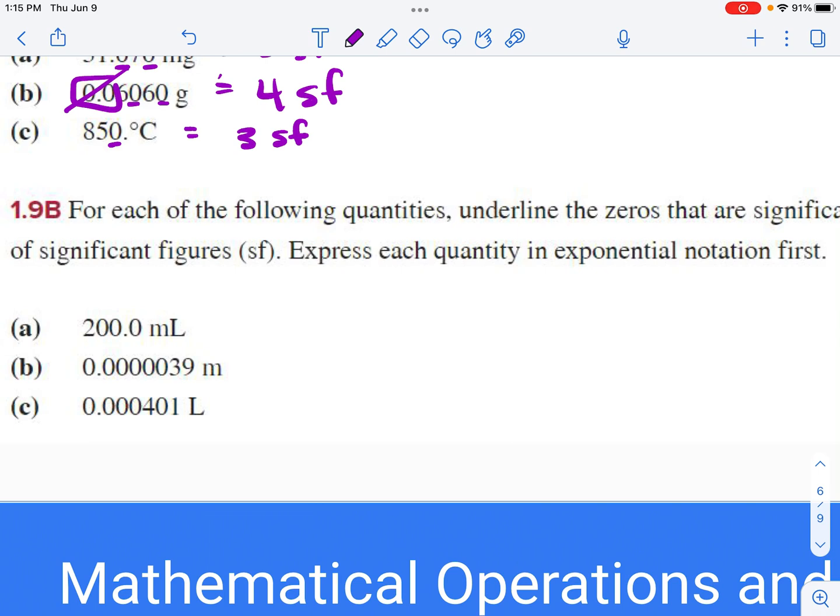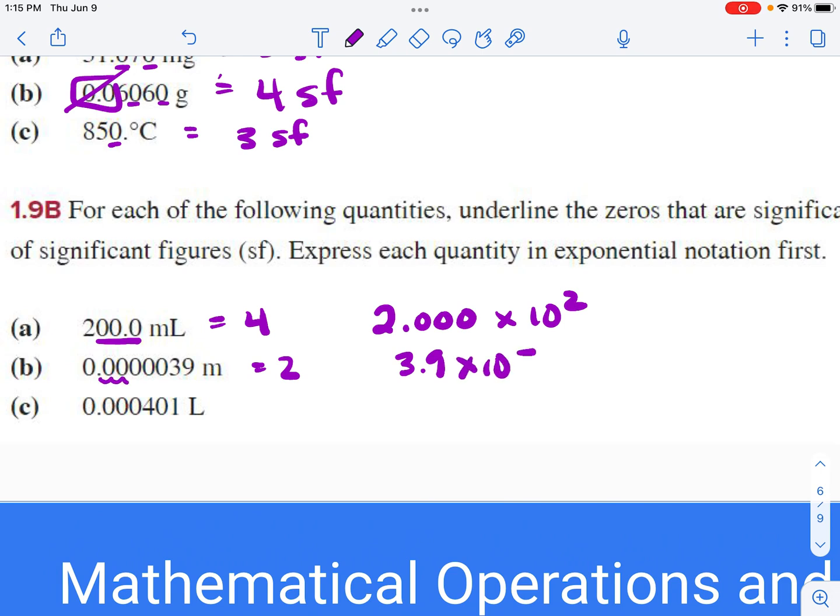Okay, so these are all after the number and there is a decimal in there, so this is 4. And if I want to put that in exponential notation, it would be 2.000, those zeros stay, times 10 to the second, okay? These zeros in the front are never significant, so this is only 2, and it's 3.9 times 10 to the negative 1, 2, 3, 4, 5, 6 meters.